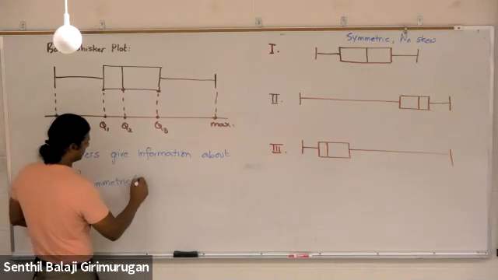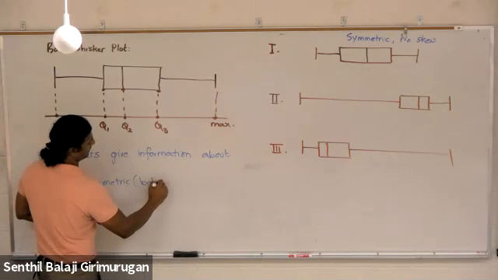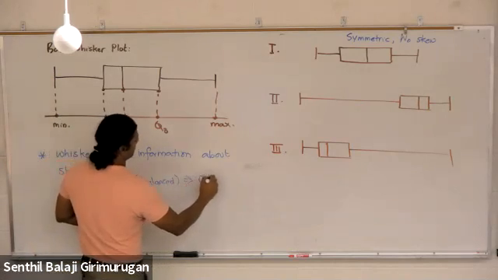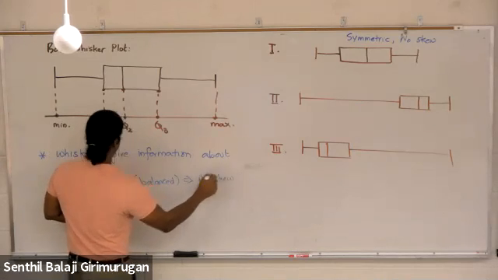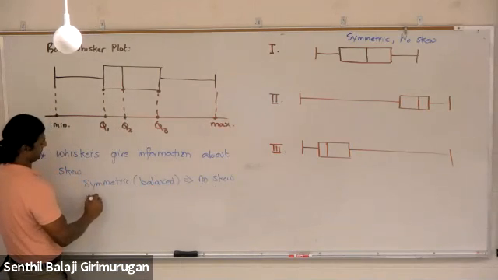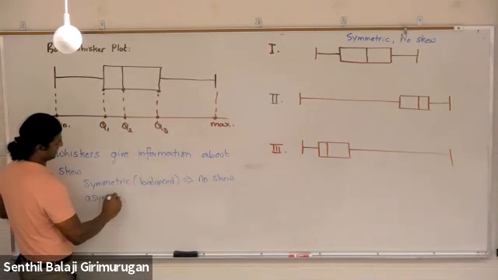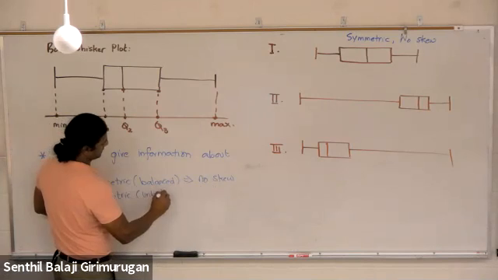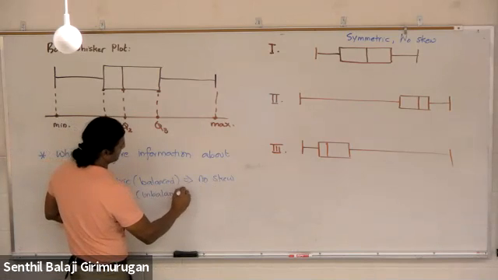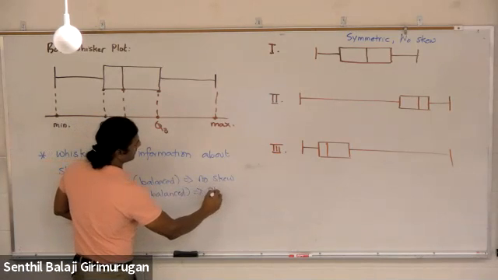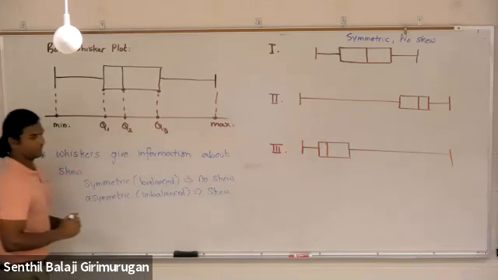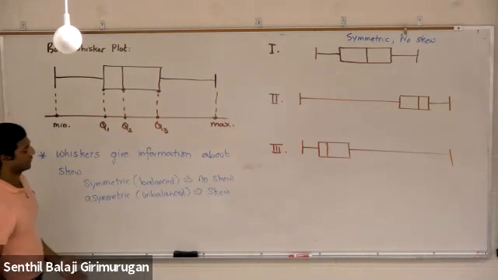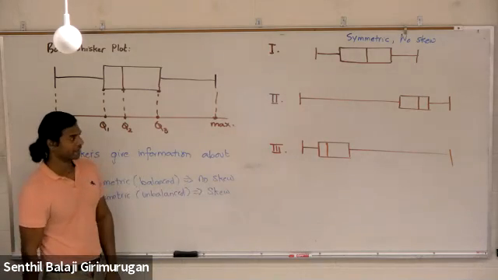Symmetric or balanced. If you see asymmetry or if you have unbalanced whiskers, definitely have skew.